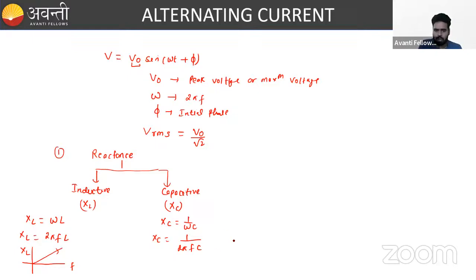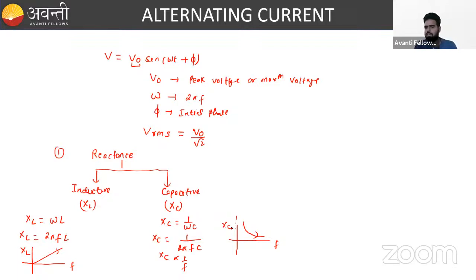If you want to draw the graph between XC and f, XC is inversely proportional to the frequency of the circuit, so that is a rectangular hyperbola. I hope this is clear. In this manner XL and XC are related.